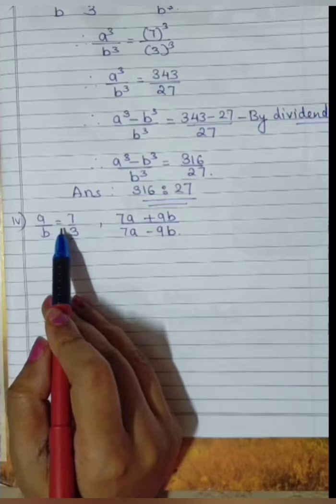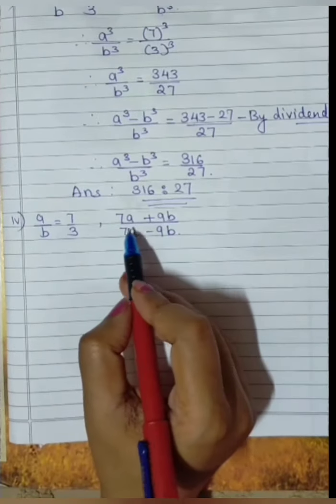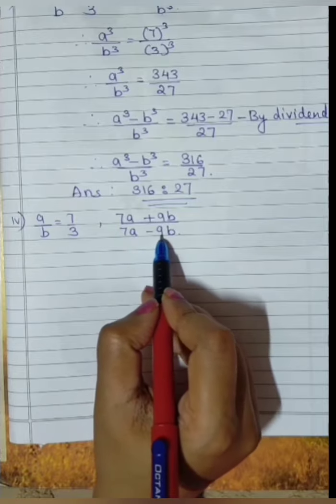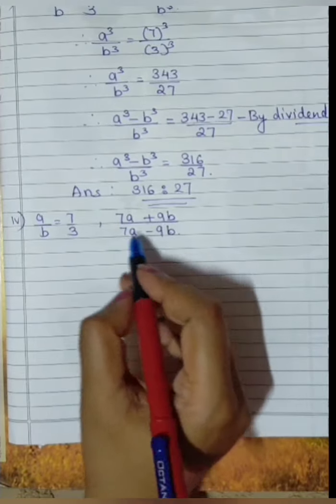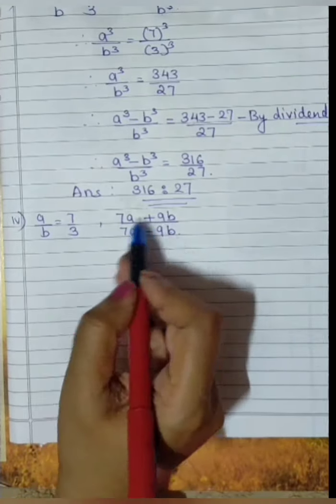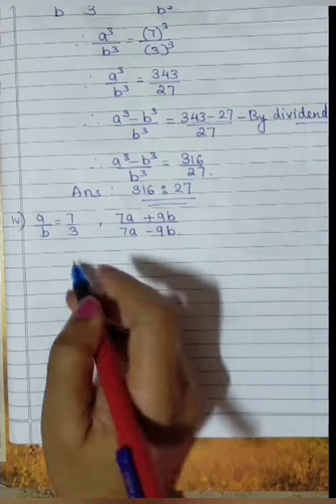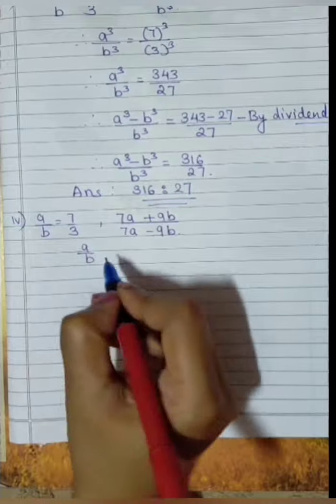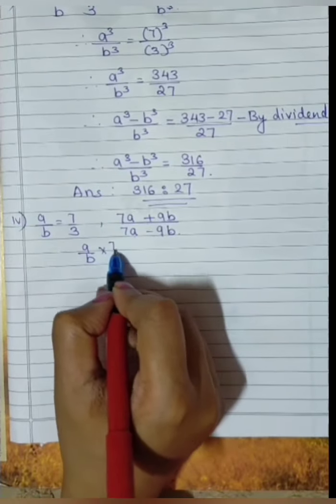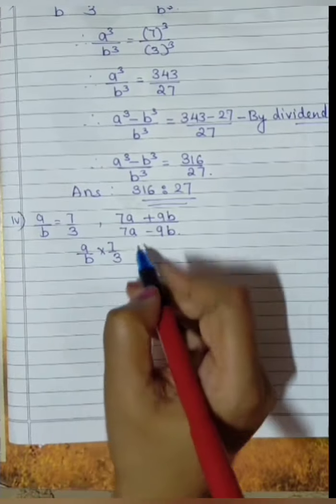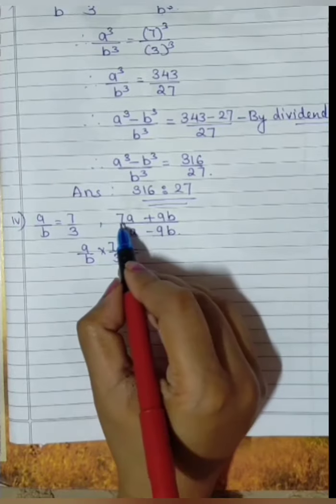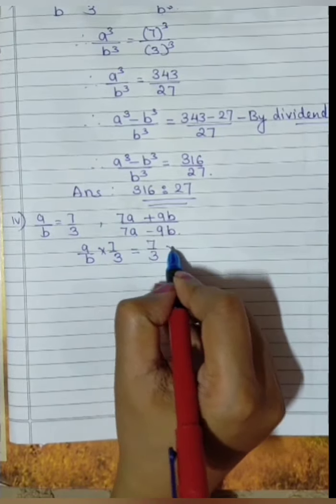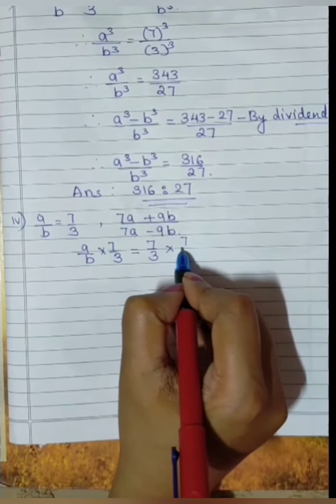Now question number 4 is given. A upon B is equal to 7 upon 3 and our sum is (7A plus 9B) upon (7A minus 9B). Here there is no cube, no square, so directly we are going to write A upon B multiplied by 7 upon 9.